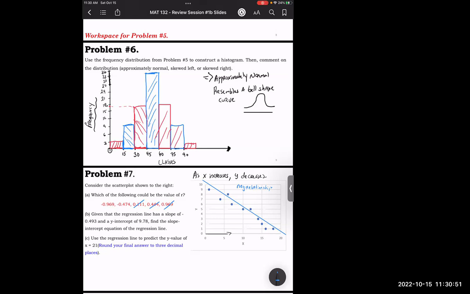So we have two possible choices here, negative 0.969 or negative 0.474. So which one do you think is the most reasonable? Negative 0.969. That's right. That would be the most reasonable choice here for r.